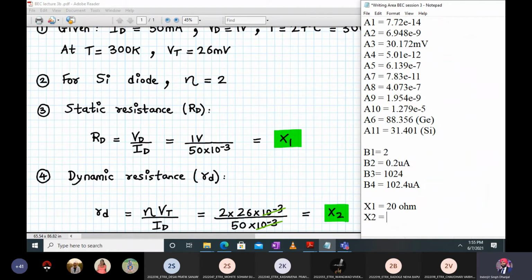Very simple, 52 divided by 50, right? Almost close to 1. One of you tell me the precise value. 1 point, how much is it? 04. Yes, 1.04 ohms. So you see here that the dynamic resistance is much less compared to the static resistance, and that is generally true.